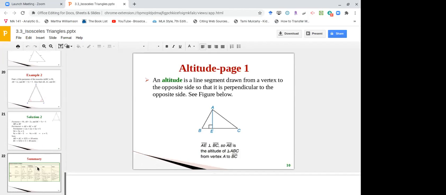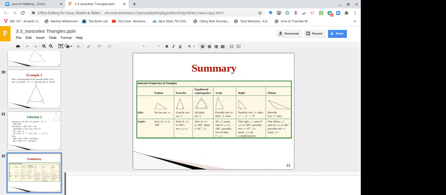And then at the very end, it has a nice summary of some of the properties of triangles. So we have scalene triangles, isosceles triangles, equilateral, acute, right, and obtuse. And it gives you some of the properties of the sides and some of the properties of the angles. So be sure you study up on that.